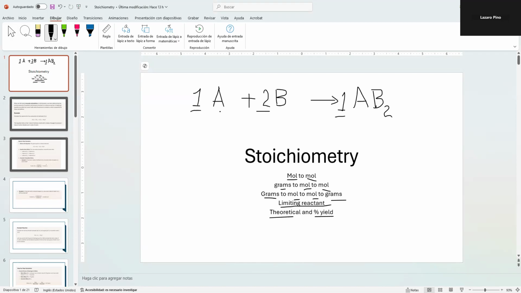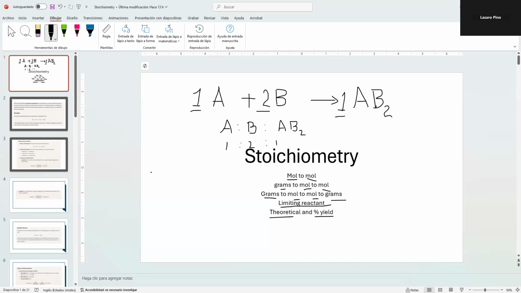Then the ratio of A to B to AB2 is 1 to 2 to 1. What does it mean?